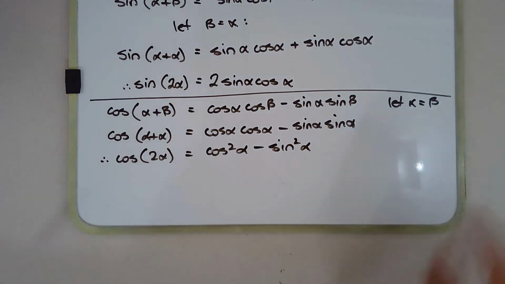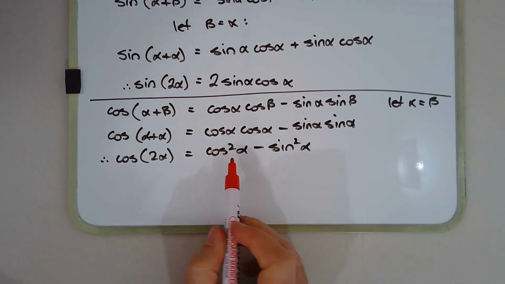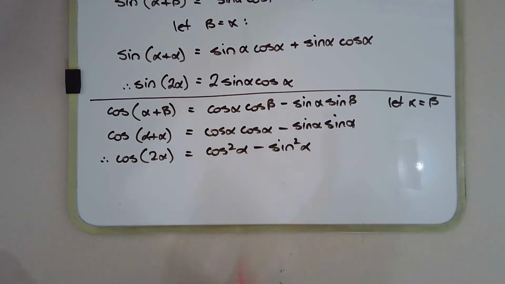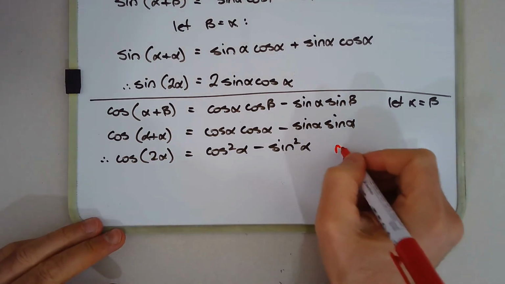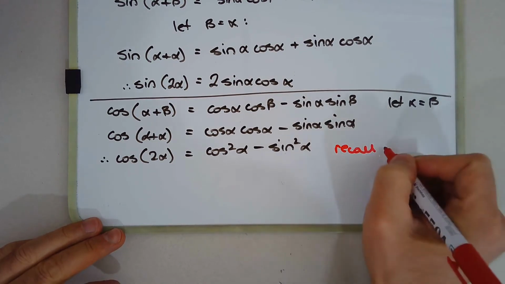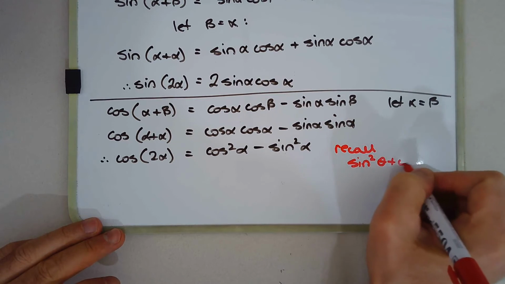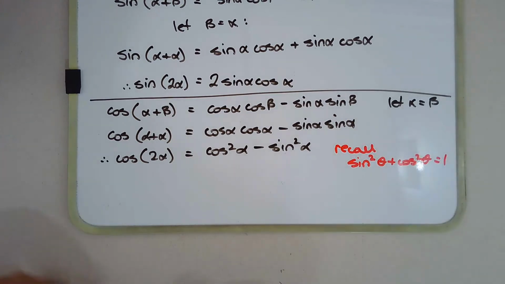It looks somewhat familiar. It looks like one of the Pythagorean identities. Now, we can replace either the cos squared alpha or the sine squared alpha by using the Pythagorean identity. So recall that sine squared theta plus cos squared theta equals 1.